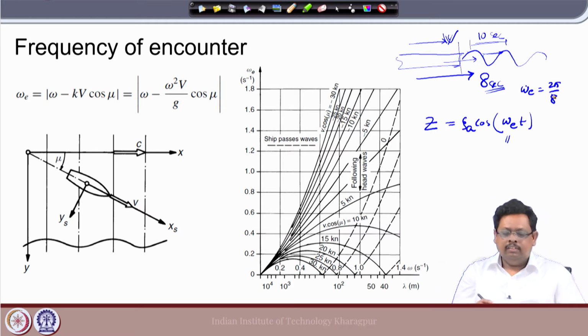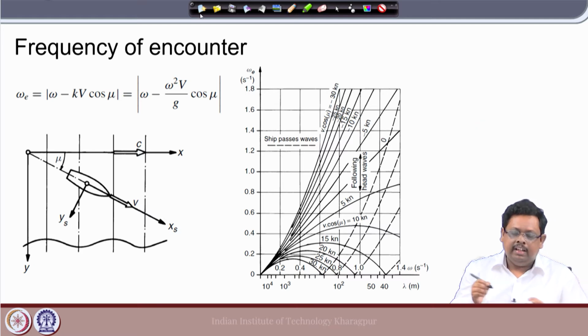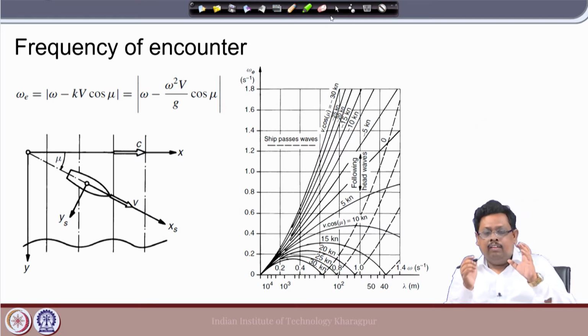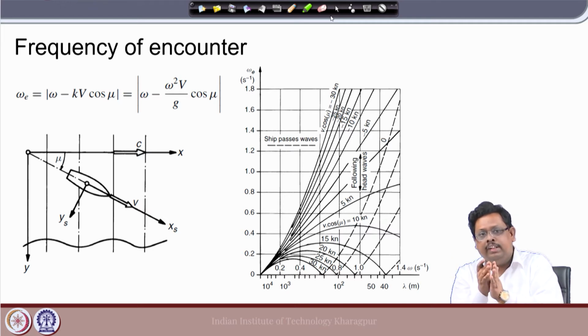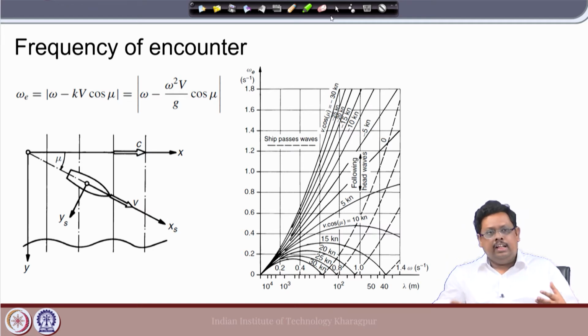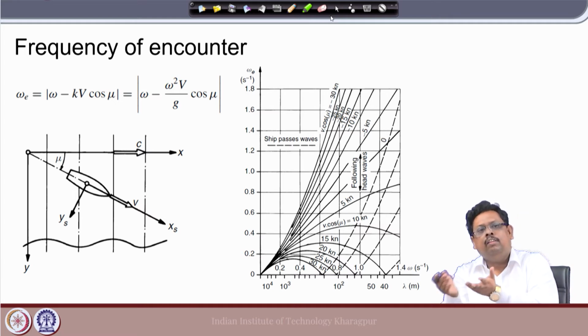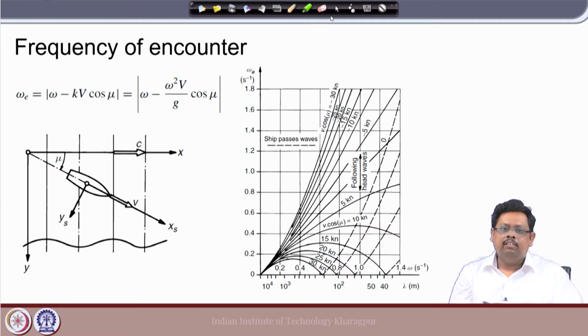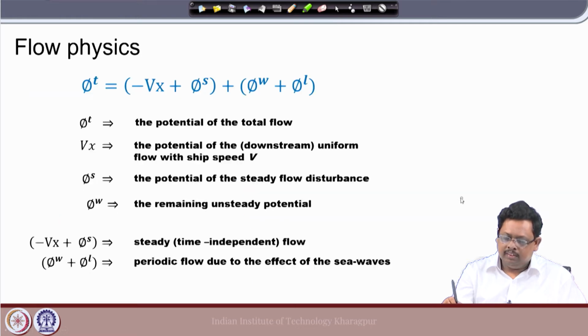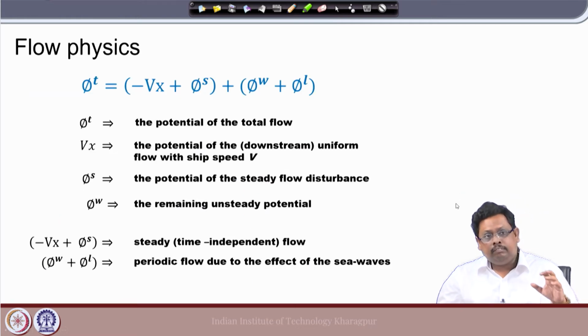You have to be very careful about whether you are going to use the encounter frequency for the forward speed case. In general, you can write the code in terms of the encounter frequency, and then when v equals 0, definitely omega e equals omega.